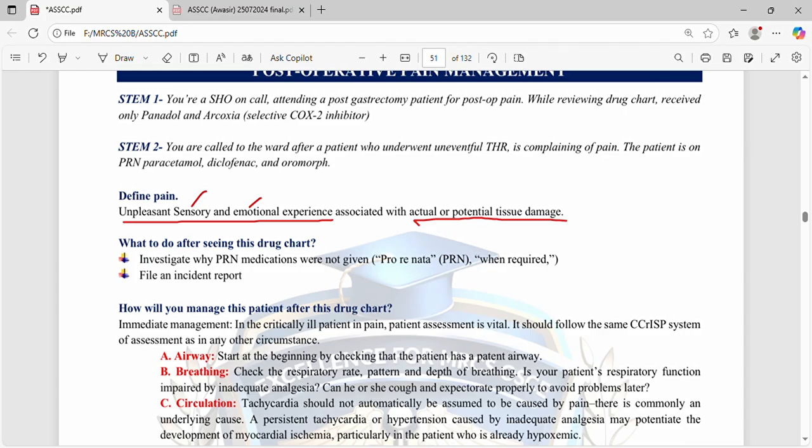So, PRN paracetamol, diclofenac, and oromorph. These are the drugs which you give when the person is feeling pain, or when required.